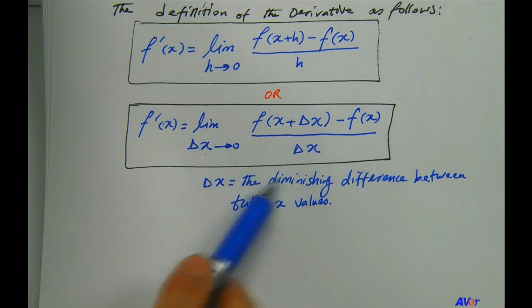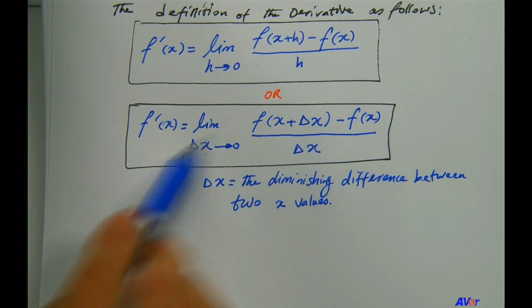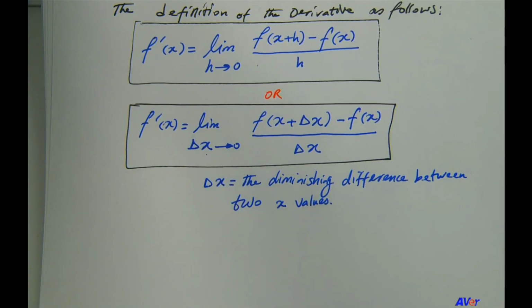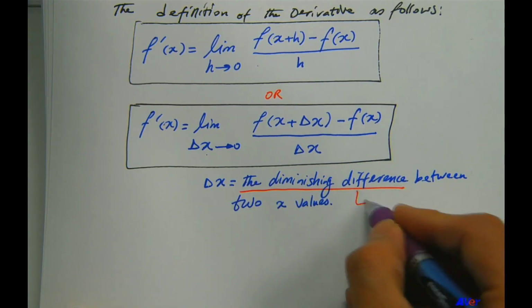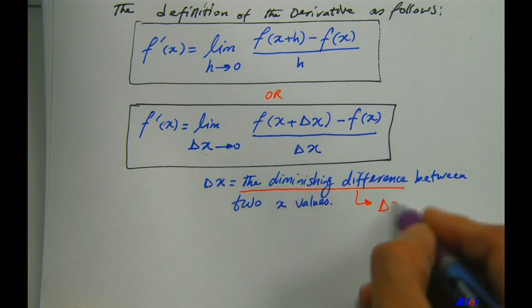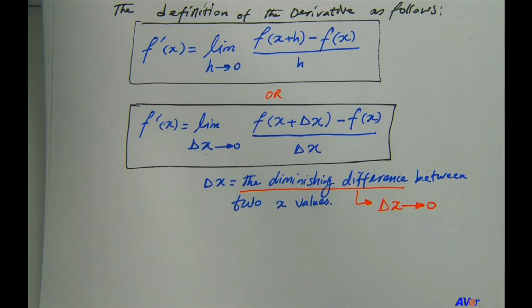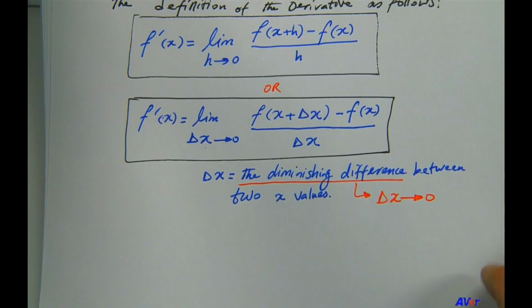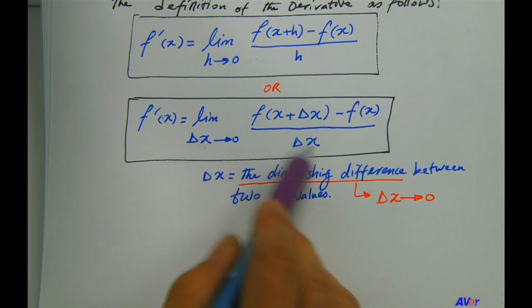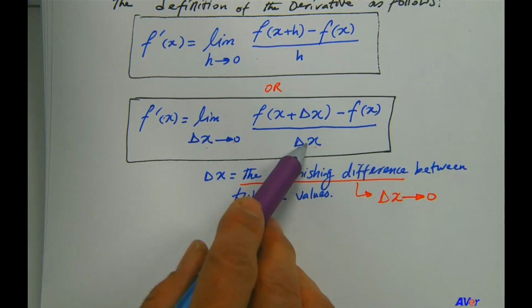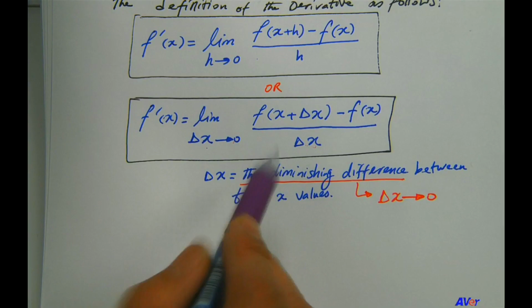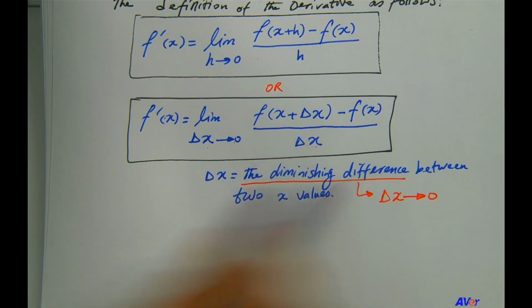So delta x would be, that's why you see this notation, this diminishing difference really is what we mean by this delta x going to 0. Okay? So that's what delta x is, that as that difference approaches 0, we want to take this delta x smaller and smaller and smaller. That's why we're taking the diminishing difference between two x values.